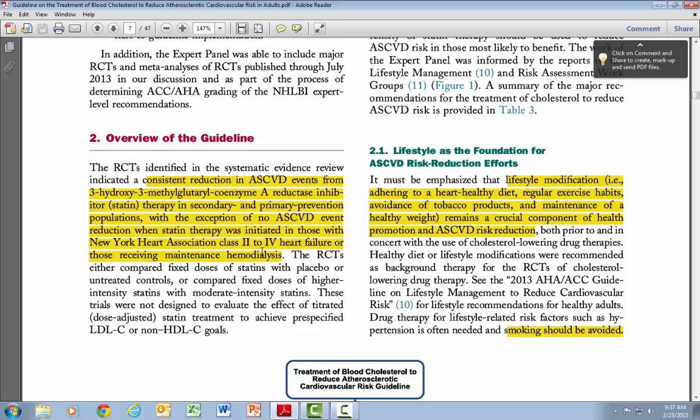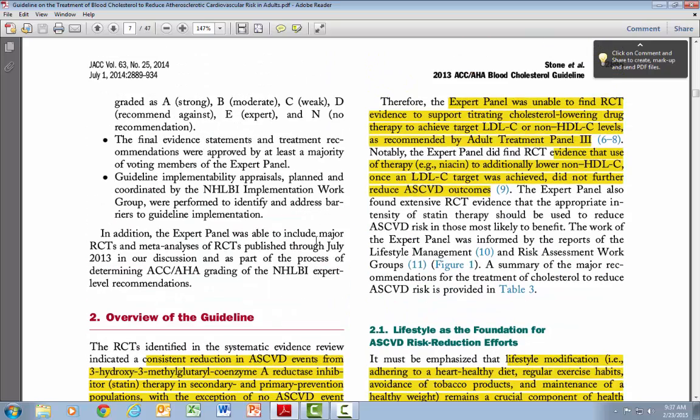Now, they also include New York classification heart failure 2 to 4, patients that were receiving hemodialysis. They also include diabetes. They were unable to find any supporting evidence that titrating cholesterol lowering drug therapy would achieve any target LDL or non-HDL level.